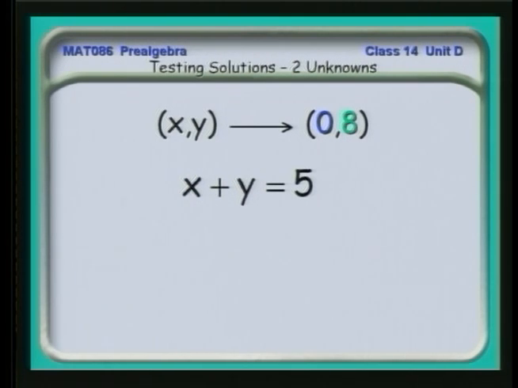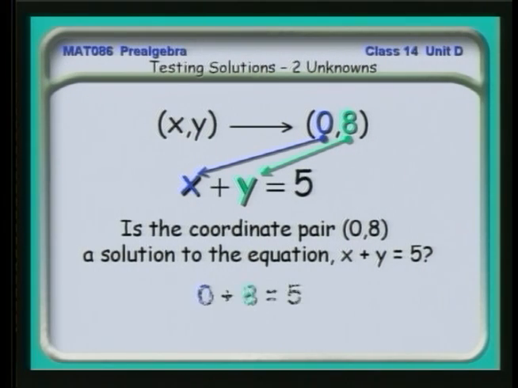Let's test another pair. Let's put 0 in for x and 8 in for y and see what happens. When I make this substitution, I get 0 plus 8 equals 5, and 8 does not equal 5. Whoa, hold it. We say no, the pair 0, 8 is not a solution to x plus y equals 5.